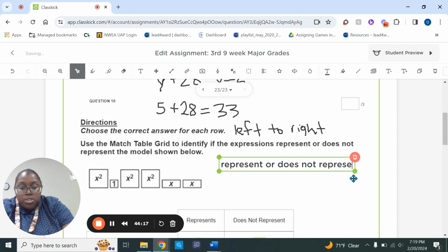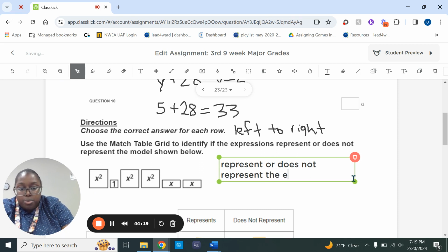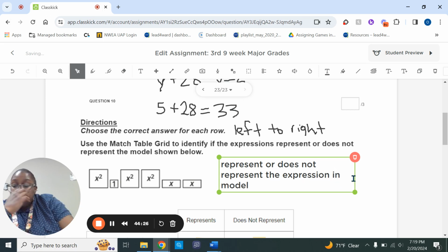So it either represents or it doesn't represent the expression in the model. Represents means yes, the expression matches the model. Does not represent means it doesn't match. So basically, to me, this is nothing but a match table grid. They kind of gave you a hint here. You're just matching this up.